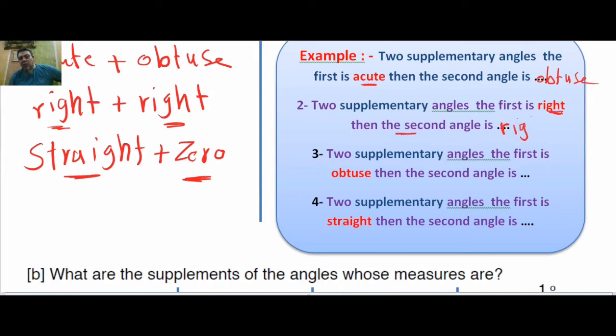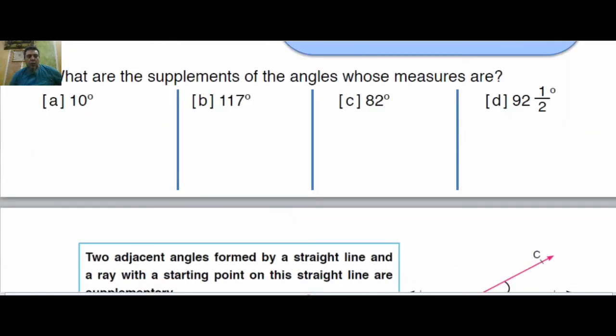If the first is obtuse, the second is acute angle. If the first is straight, the second is zero angle.